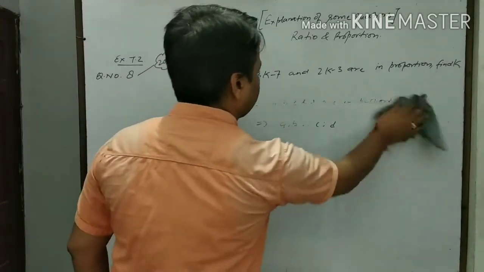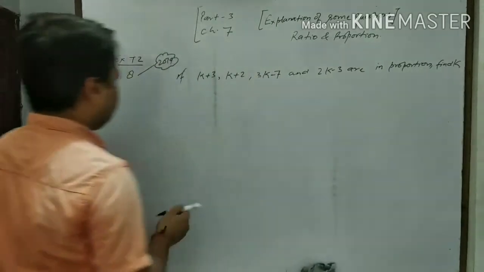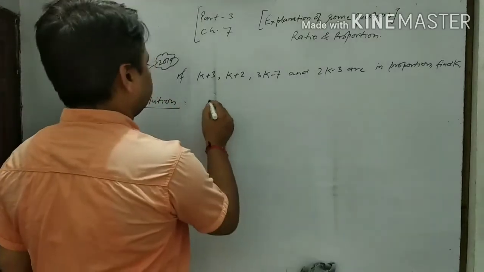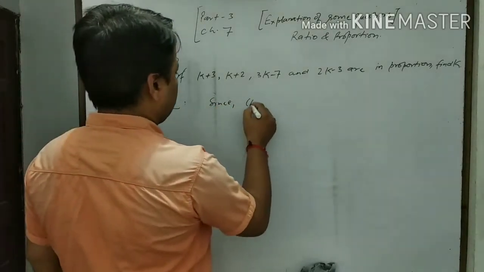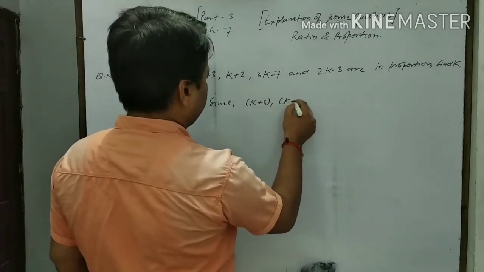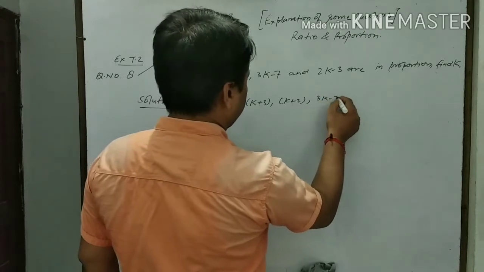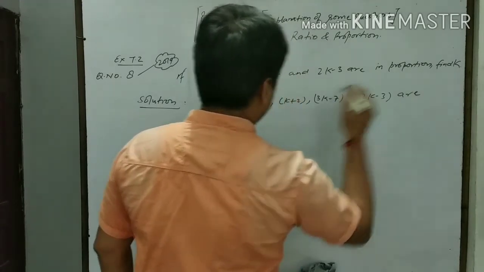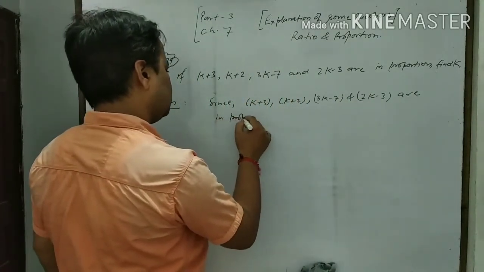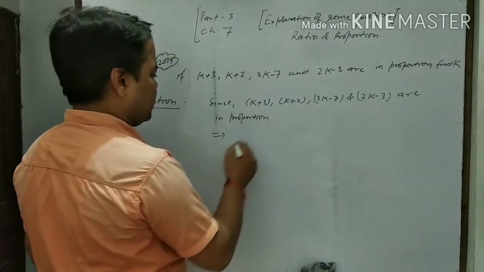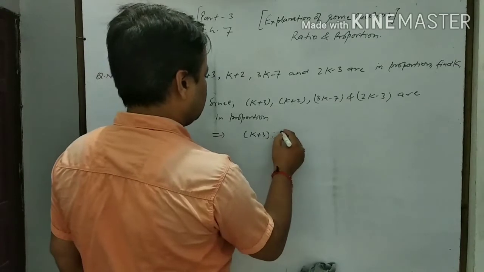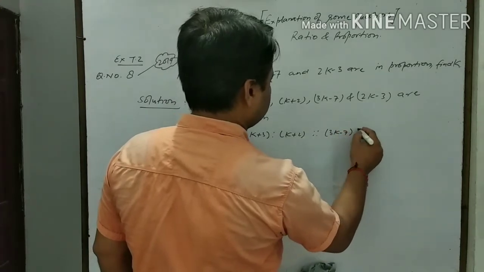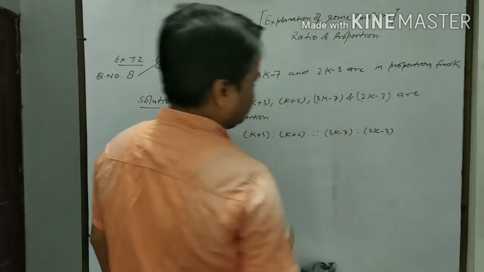So here we write the solution. Since k plus 3, k plus 2, 3k minus 7 and 2k minus 3 are in proportion, this implies that k plus 3 is to k plus 2 as 3k minus 7 is to 2k minus 3.